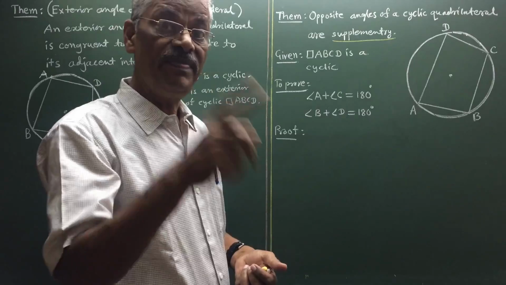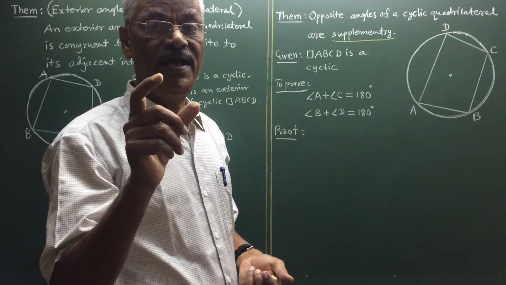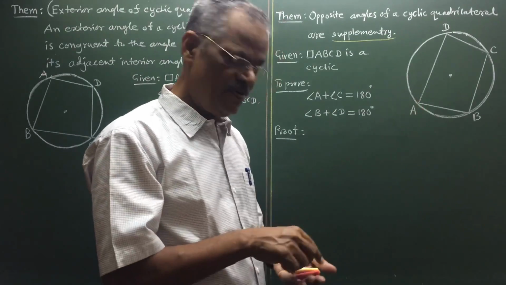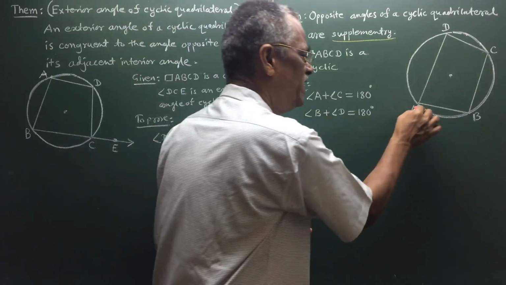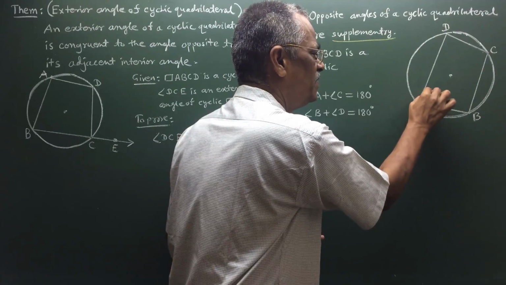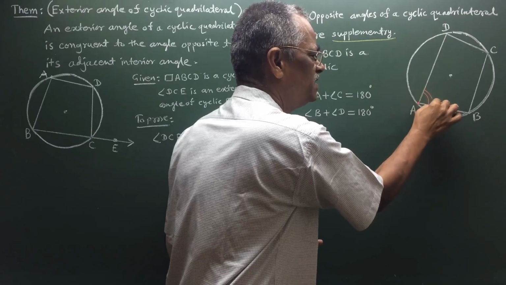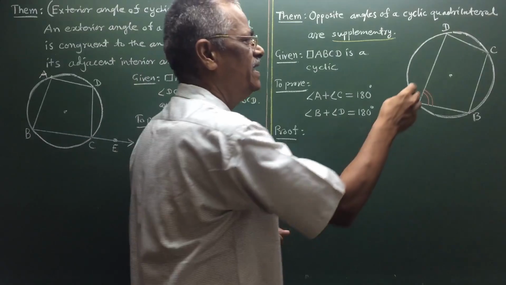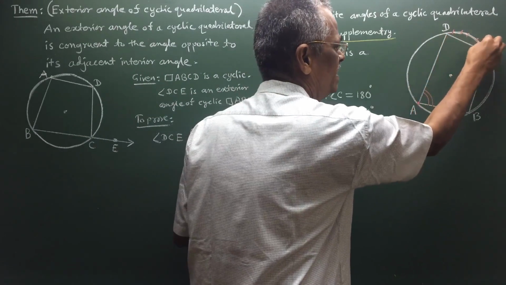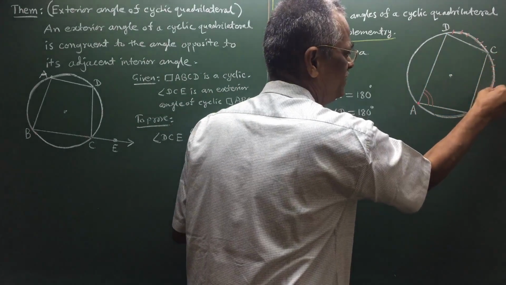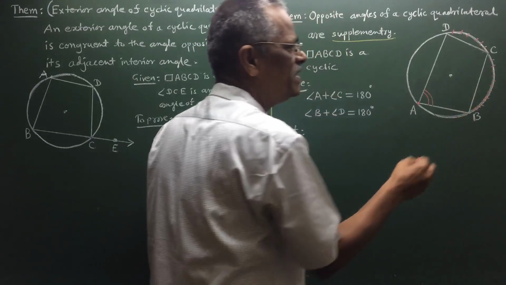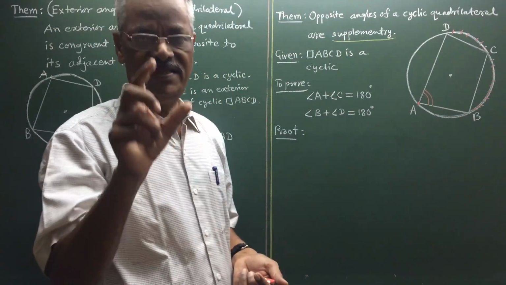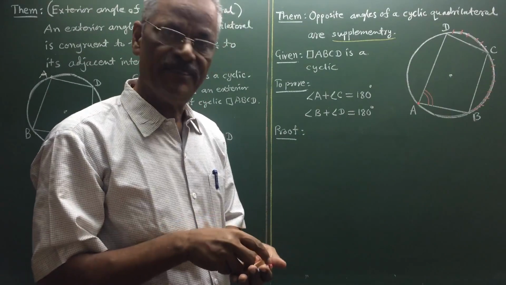Now, we have to remember about angle A. What about this angle A? Where is the vertex? It is on the circle. So this is definitely inscribed angle. And the measure of that angle is related with its corresponding intersected arc. That is called inscribed angle theorem.